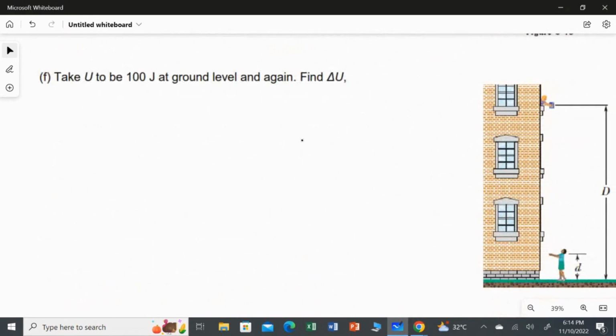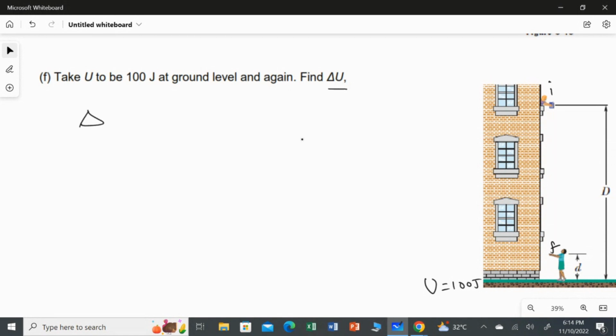Again we are going to consider the potential energy at the ground level as 100 joule. Again you have to find the change in potential energy. This is our initial point, this is our final point. Initial point from here to the ground, and the final point from the ground to this person's hand level. Am I right? That means D minus small d.